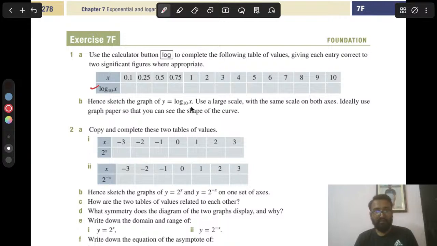These are the x values, these are the y values. You can plot these points in the plane and then draw the axes. This is 1. Log 1 is zero.